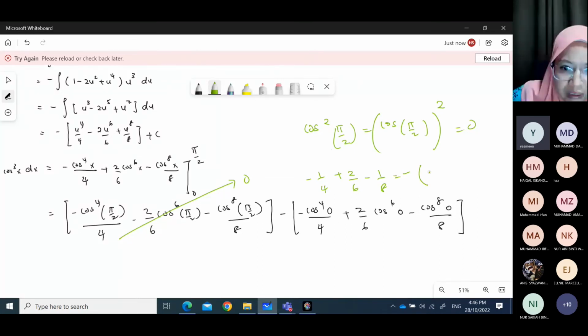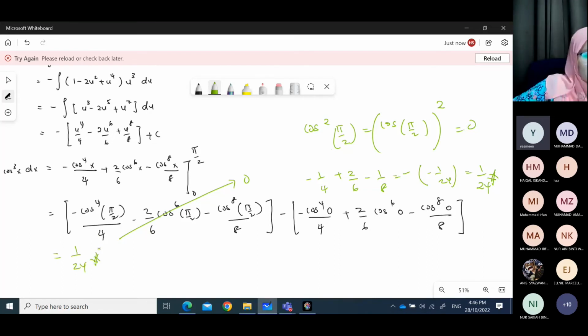So you akan dapat negative 1 over 24. So negative, it will be positive. So we have this answer. Okay. Alright. So the answer here is 1 over 24.